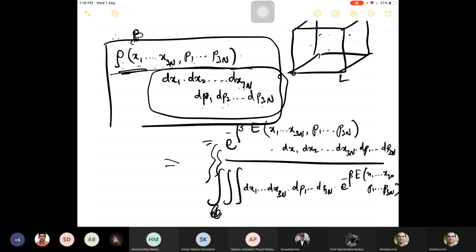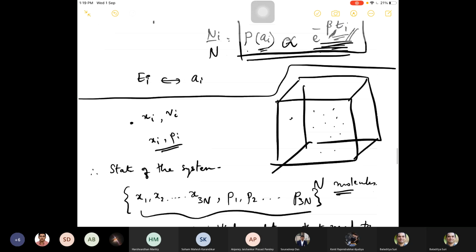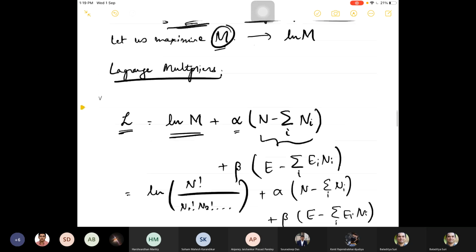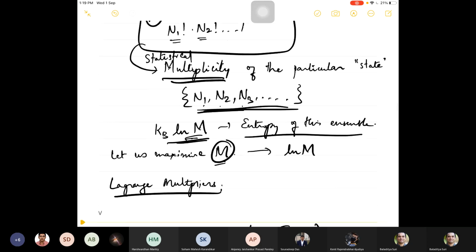Sir, how is the probability density equal to e raised to minus beta E? It should be the probability, right? So in the case that I defined in the beginning, I considered these energy values to be a discrete spectrum, meaning only some discrete states A1, A2, A3, and so on are possible.